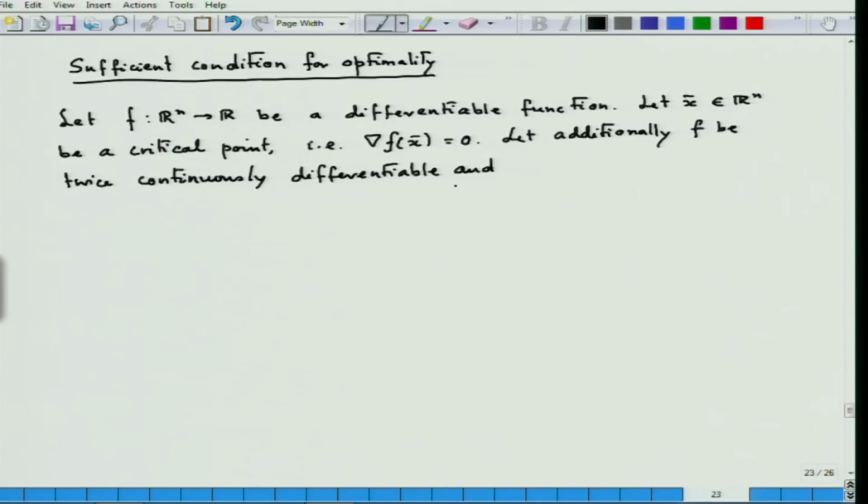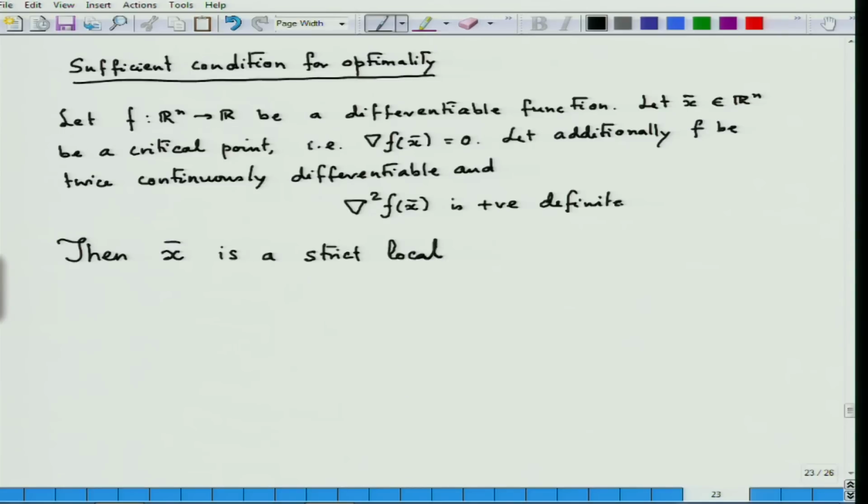And the Hessian matrix is positive definite. Then x bar is a strict local minimum.